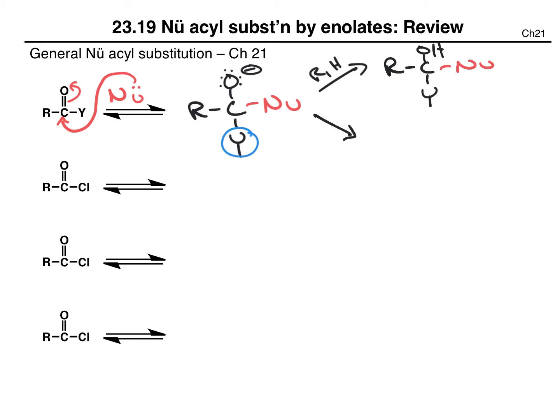But if Y is some kind of leaving group, something that can stabilize a negative charge, then instead these electrons are going to come back in and kick out Y as a leaving group, so that we end up with something that looks like this.